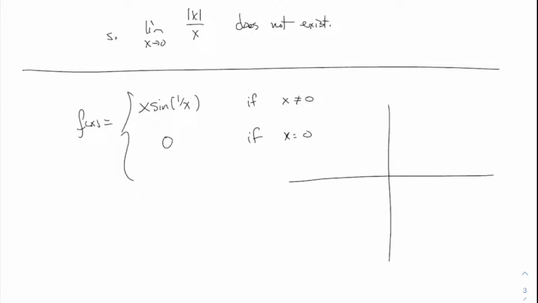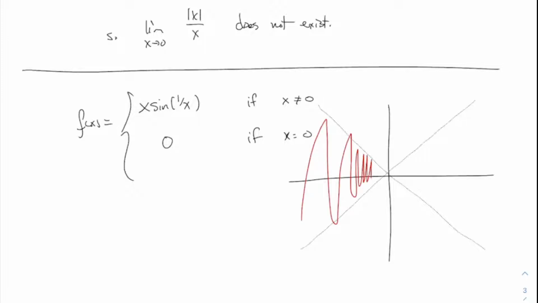It sort of has diagonal asymptotes like this, and it goes like that and like that. All right, roughly like that. Of course, that's not what it does. That's not a function, but you get the idea. All right, this is x times sine of 1 over x.